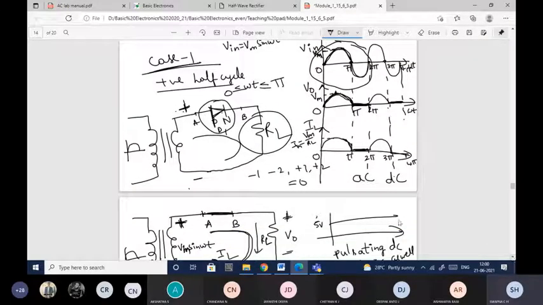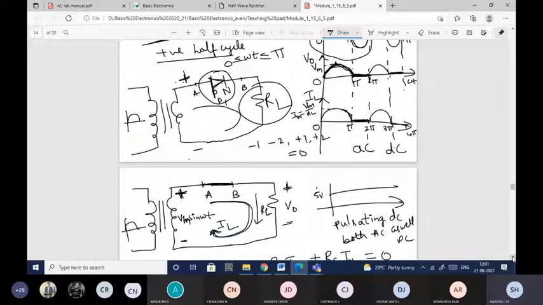Since both are present, I need to find out the efficiency of this half wave rectifier, and many other mathematical terms, so that I will be able to find how good the half wave rectifier is at rectifying its AC signal to a DC signal.